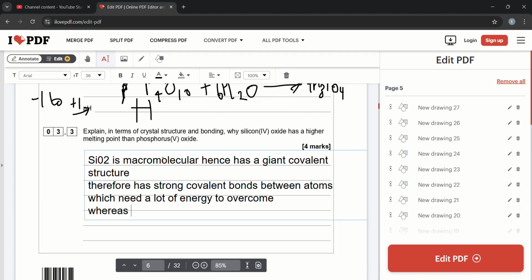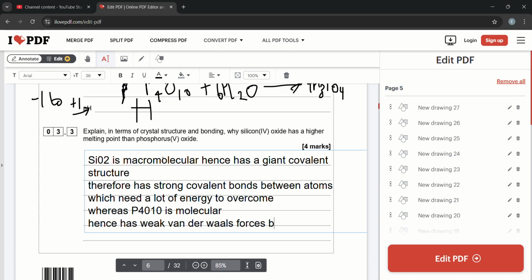Whereas phosphorus oxide P4O10 has weak, actually, no, it doesn't. It's a simple covalent. It's molecular. Hence it has weak van der Waals forces between molecules, which need little energy to overcome.